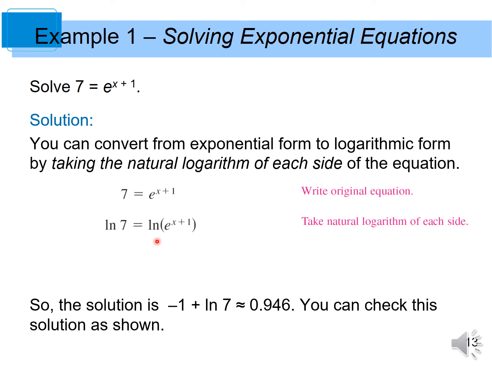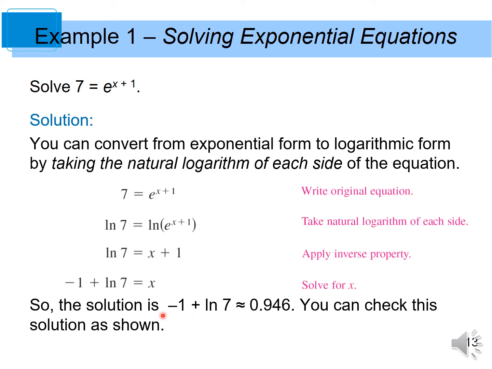We apply natural log at both sides, and then for the right side, since the natural log and exponential are inverse functions, we just eliminate the exponential function, and the right side is left with only x plus 1. And in order to get x, we move plus 1 to the left side, so it would be minus 1.